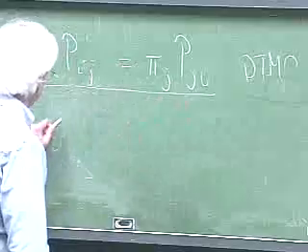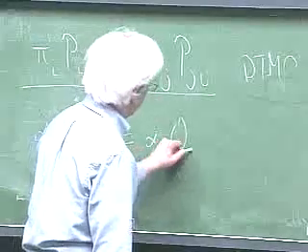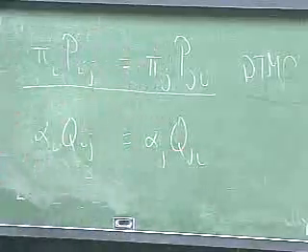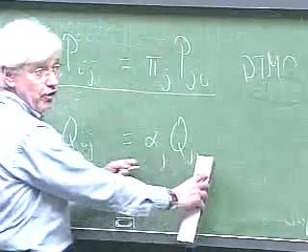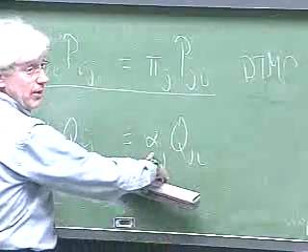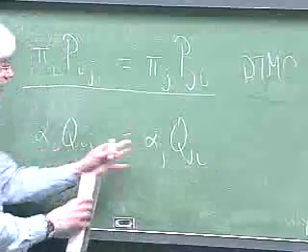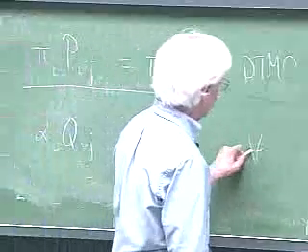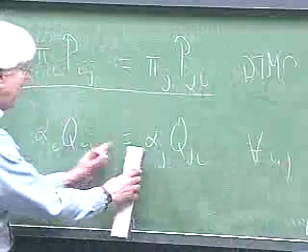Here, this is the continuous analog. These are the stationary distributions, these are the steady state probabilities, and these are the instantaneous rates. So this is saying flow from i to j equals flow from j to i for all i, j.